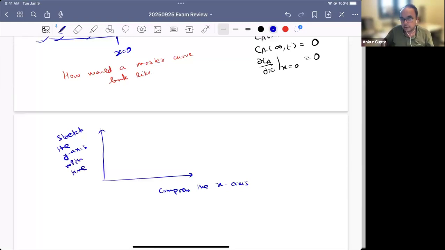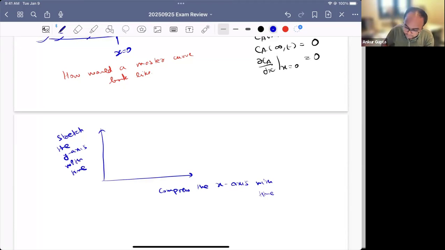This is key: here it's decreasing, so I'm trying to stretch it out; here it's increasing, so I'm trying to compress it. That's how I'll find a master curve. Otherwise, there is no other way for me to find one.